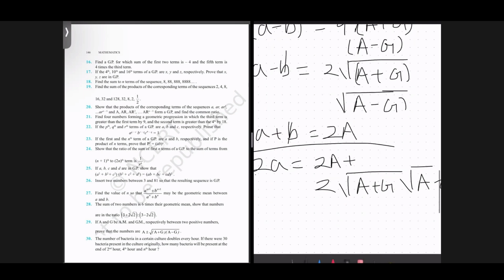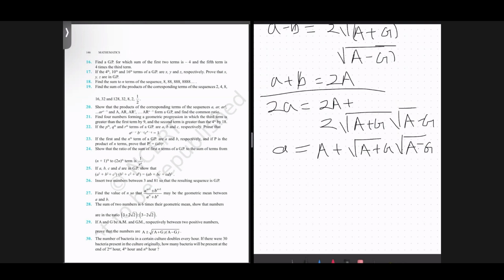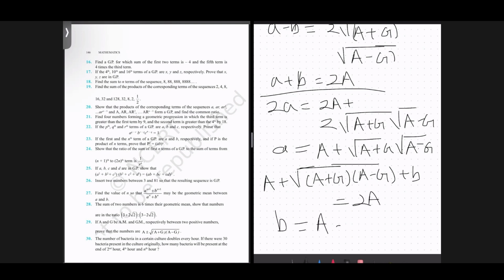Now you can cancel, and I have the value of a. You can plug this value into the first equation, a+b equals 2A. What you then get is A plus under root (A+G)(A−G) plus b equals 2A. Therefore, b equals A minus under root of (A+G)(A−G).